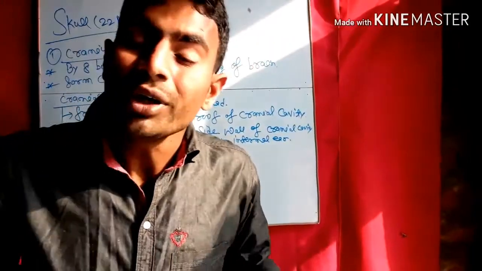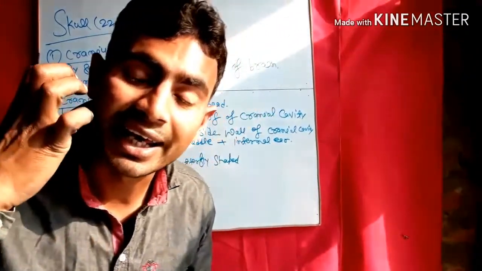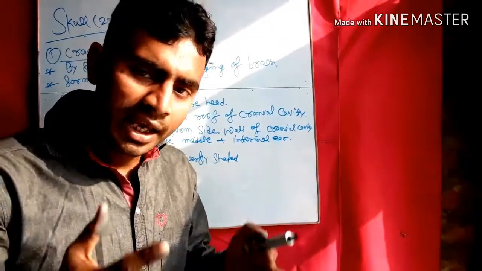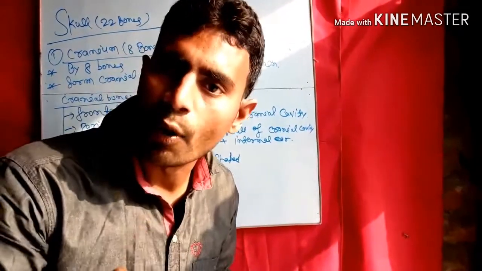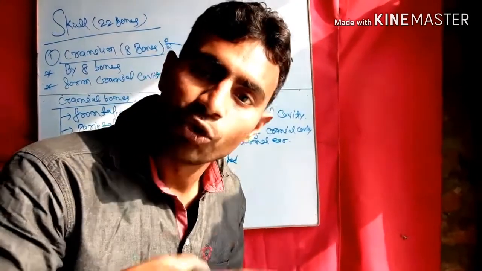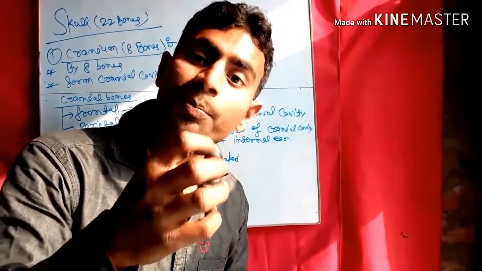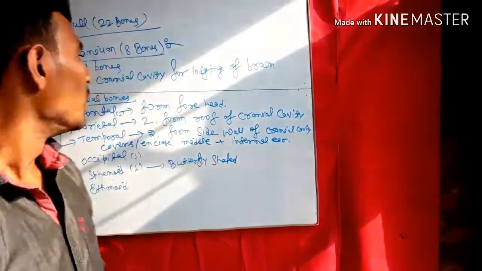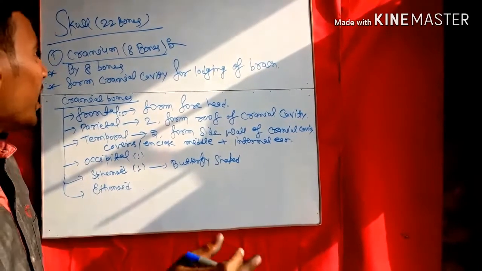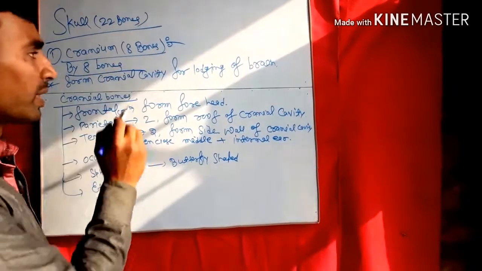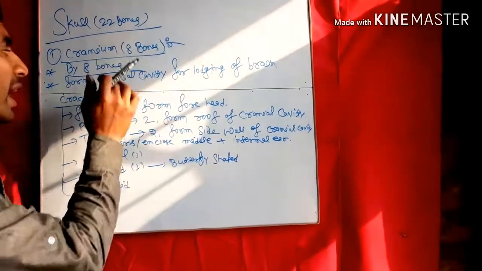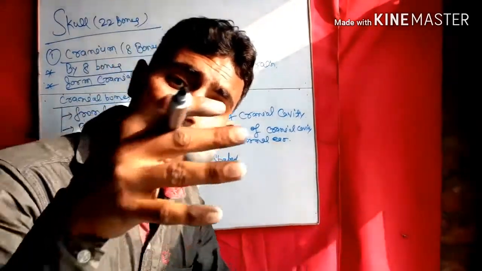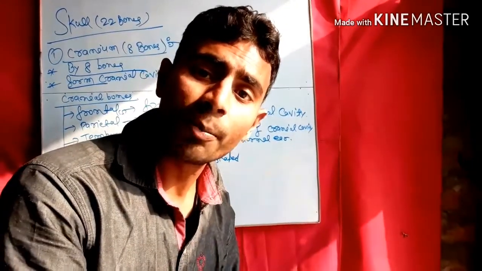Which 8 bones are in the cranium? You know, the cranium is the brain box in which the brain is present. The cranium is made by 8 bones, and it forms the cranial cavity for lodging of the brain.